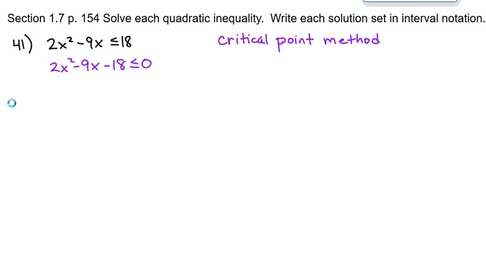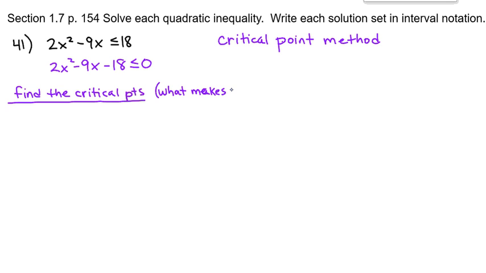Okay, the first step in the critical point process is to find the critical points. The critical points are the x values that make the expression equal 0. Not greater than 0, not less than 0, but what makes the expression equal 0. Okay, so let's set it equal to 0.